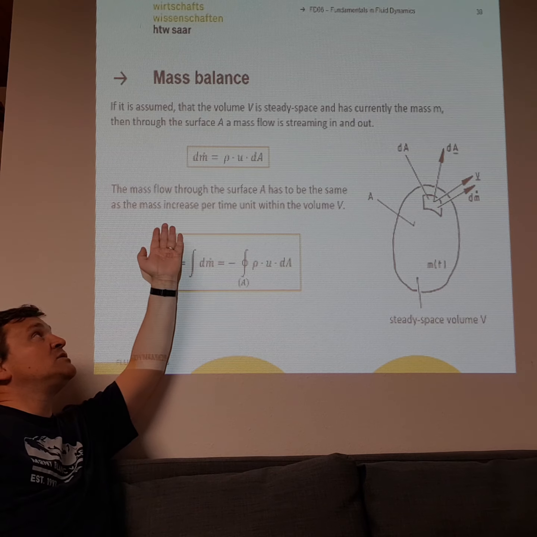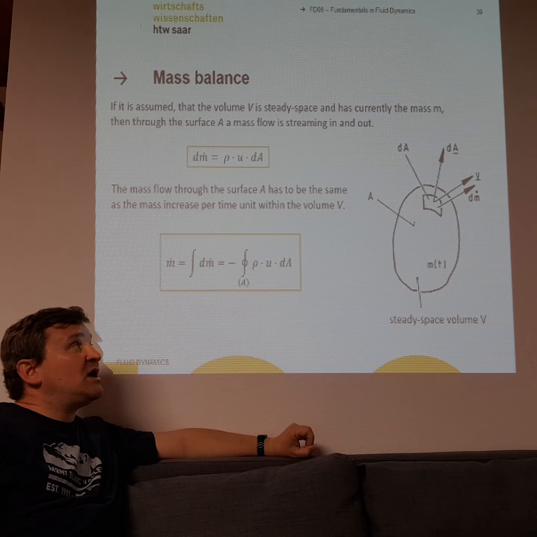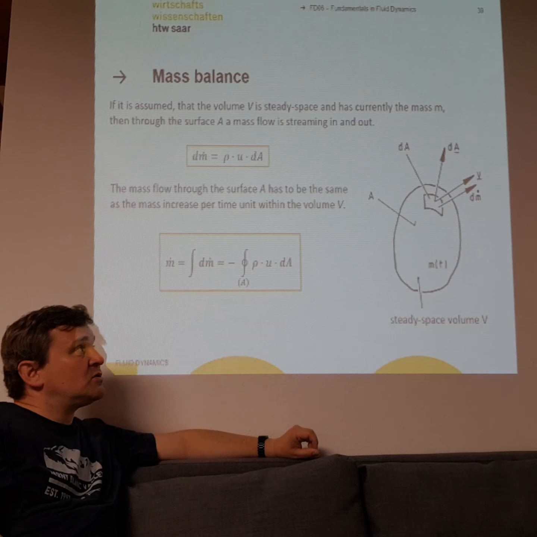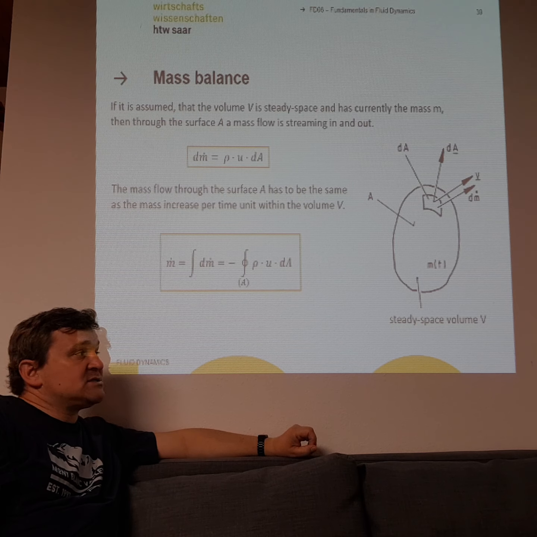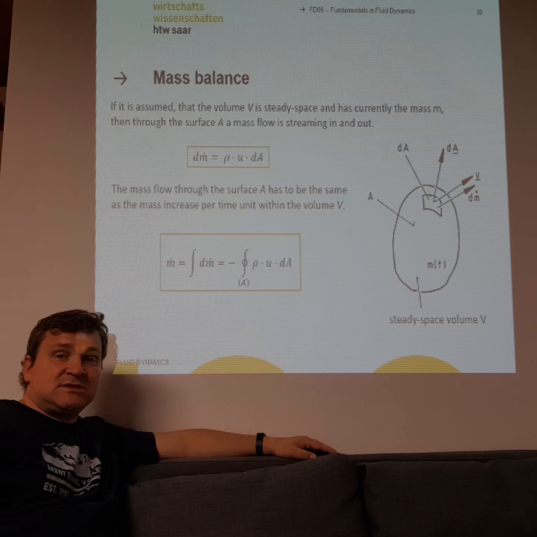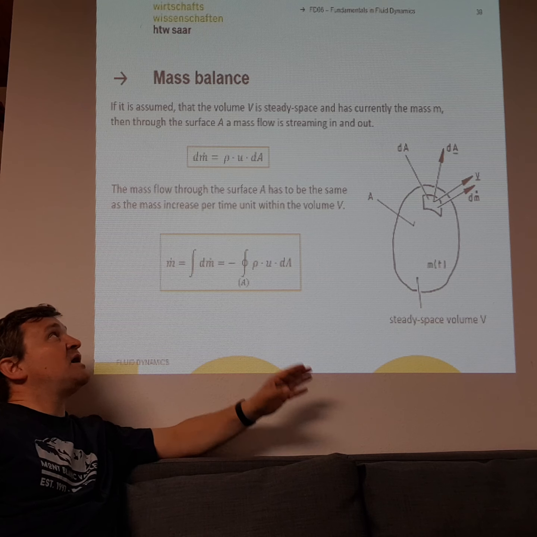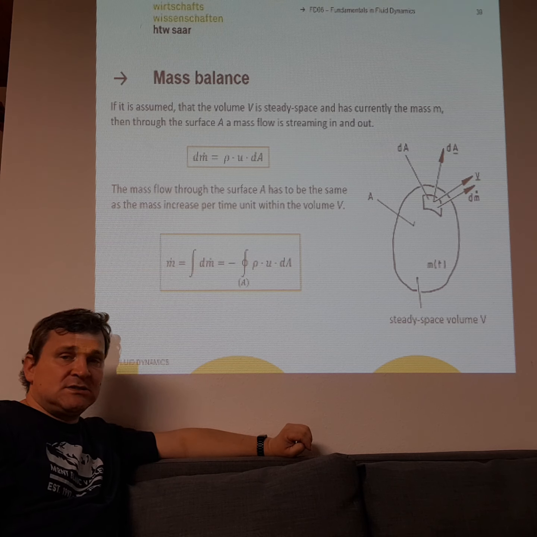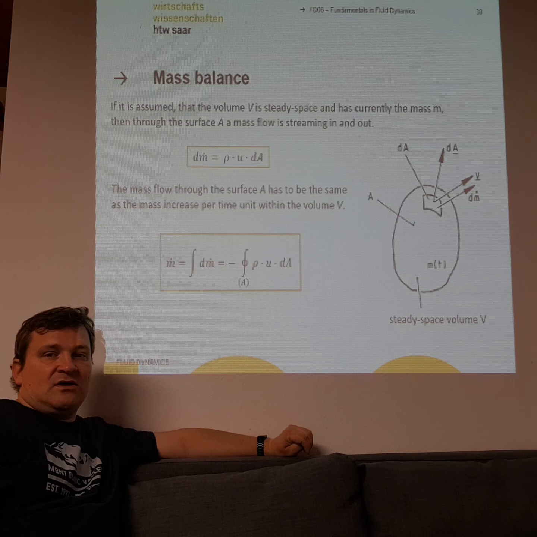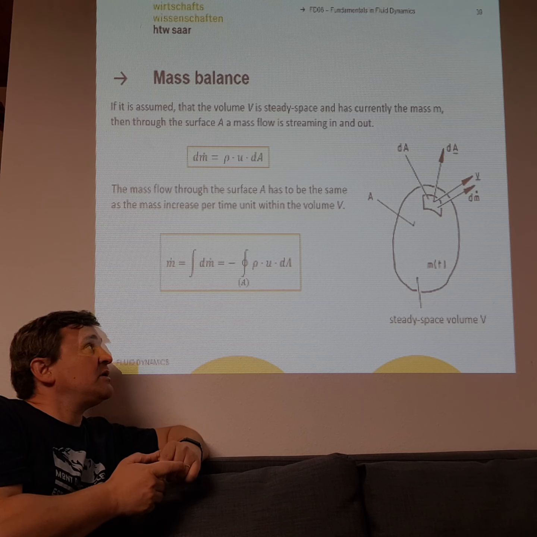And if you now sum up the mass flow for every small area over all areas of your control volume, then you get the total mass flow. Yeah? And mass flow, please, this is a really important formula. Mass flow is always defined as density times velocity times the single area of such a small piece of the area.